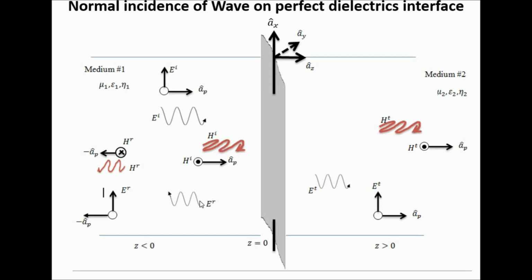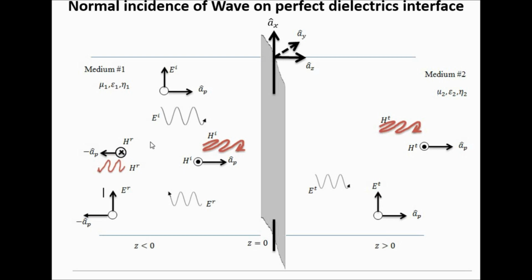The reflected electric field will be polarized in x-axis, propagating in negative z direction, or the simple diagram like this. And the reflected magnetic field will be propagating in negative z-axis, but varies in negative y direction.